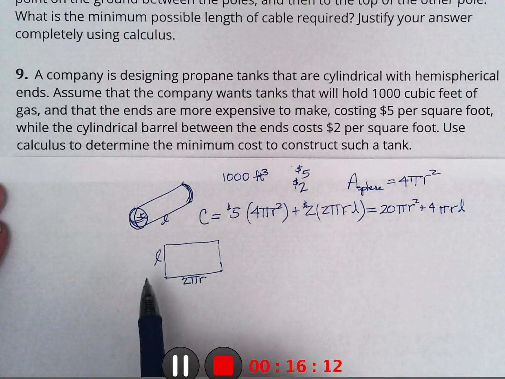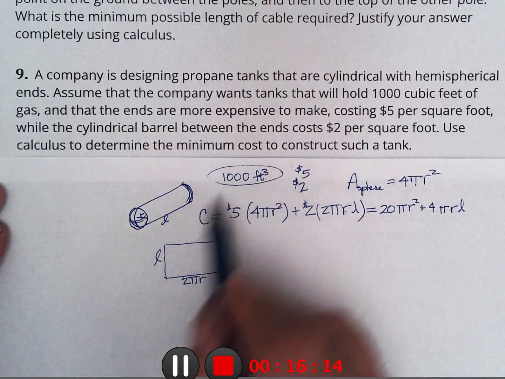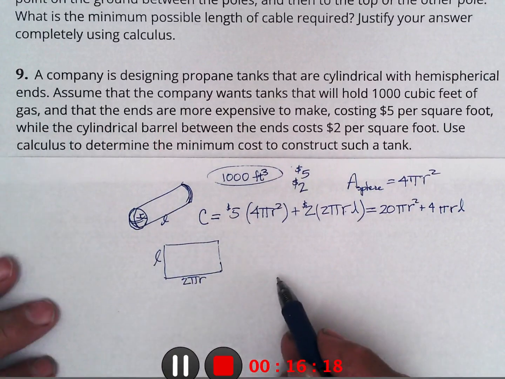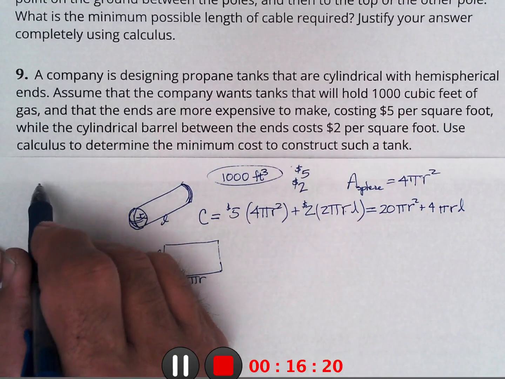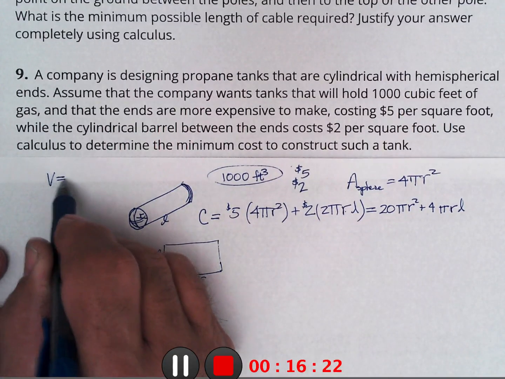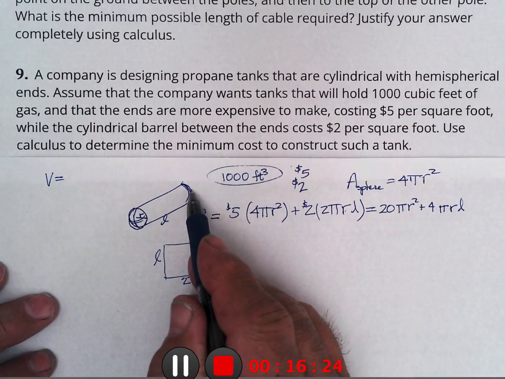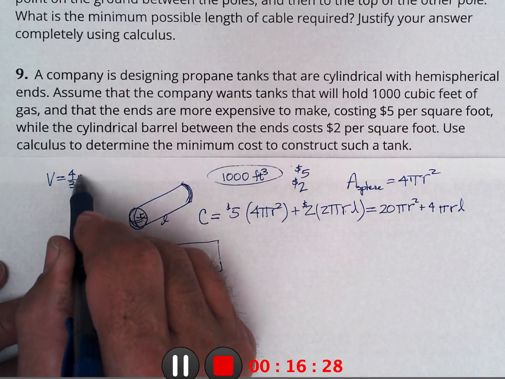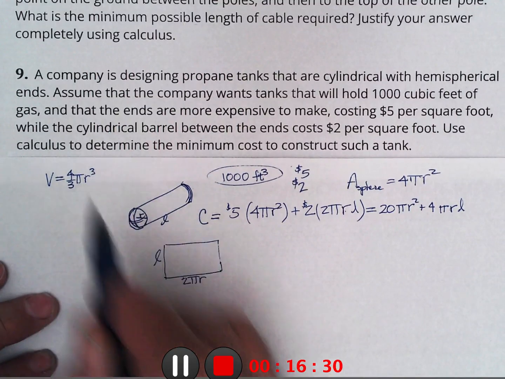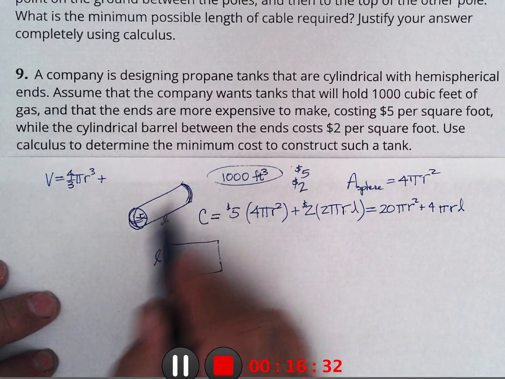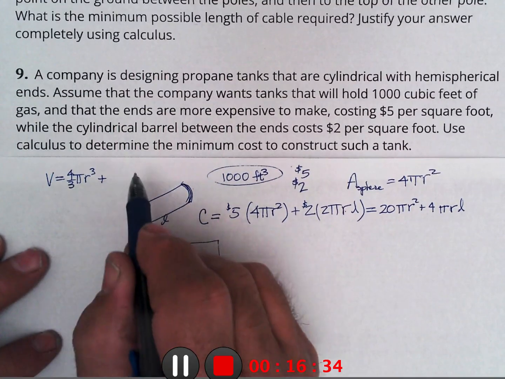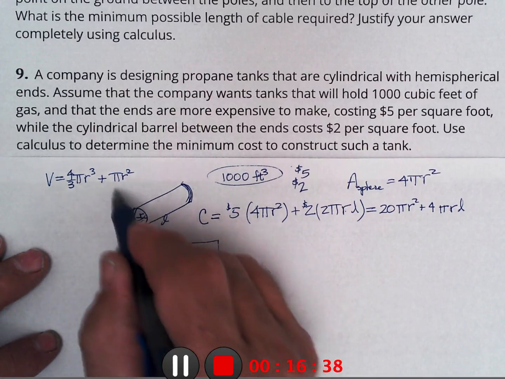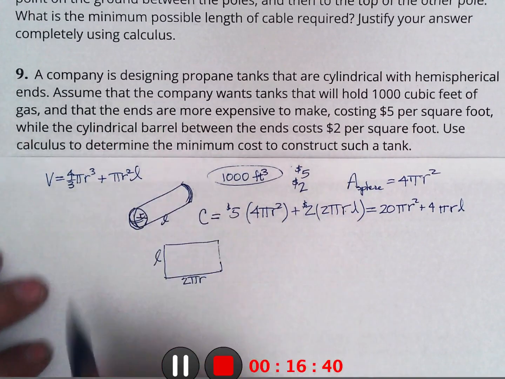Well, I haven't used this 1,000 cubic feet yet, so I need to use that. Now, the volume of this tank is going to be a sphere, 4/3 pi r cubed, plus the cylinder, which is pi r squared, area of the base, times the height. And that's supposed to equal 1,000.